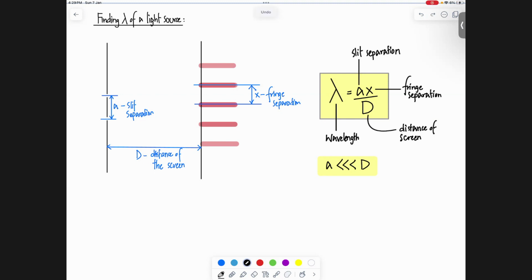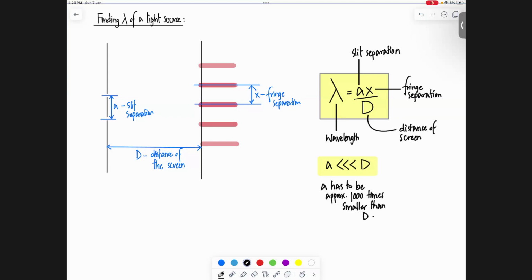So A has to be approximately 1,000 times smaller than D.